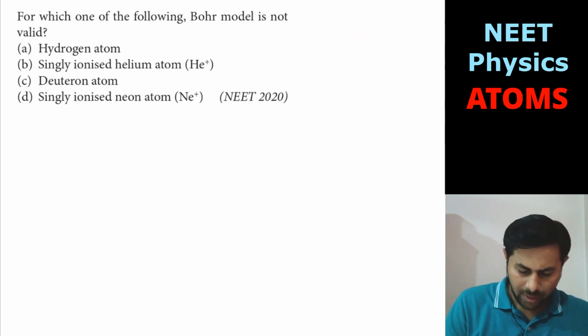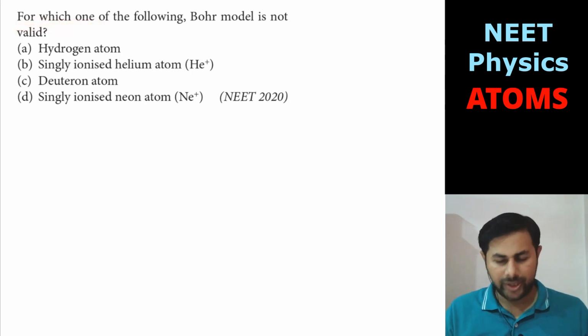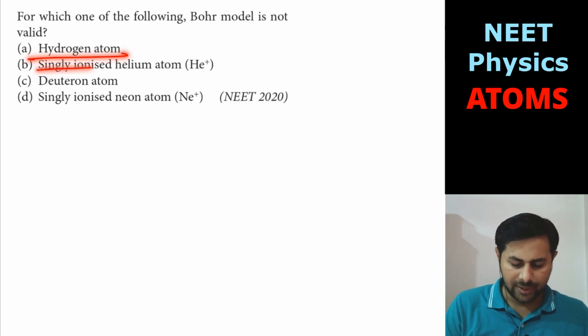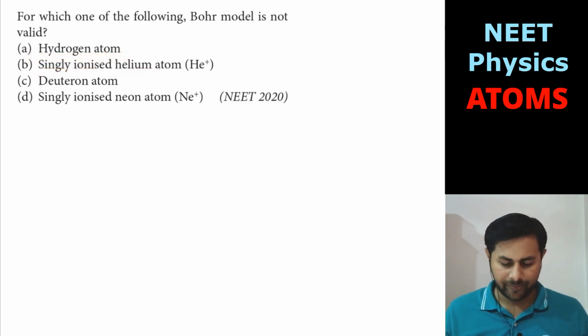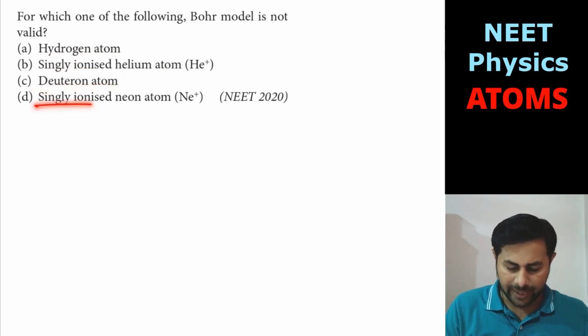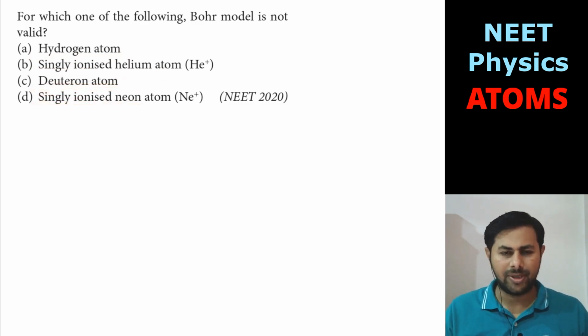For which one of the following is Bohr model not valid? Hydrogen atom, singly ionized helium atom, deuteron atom, and singly ionized neon atom. What is the atomic number of neon?